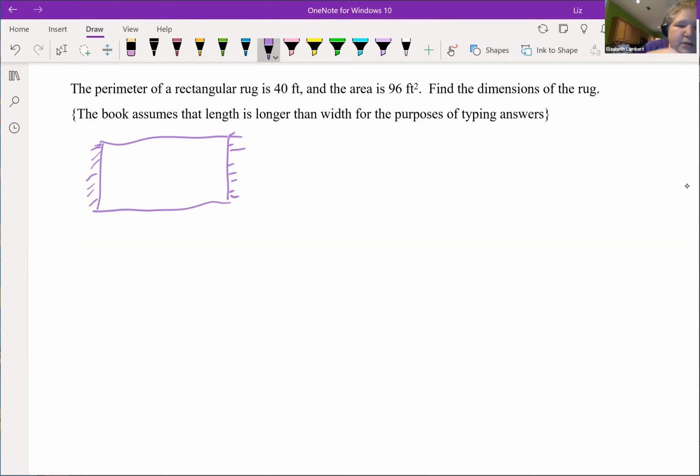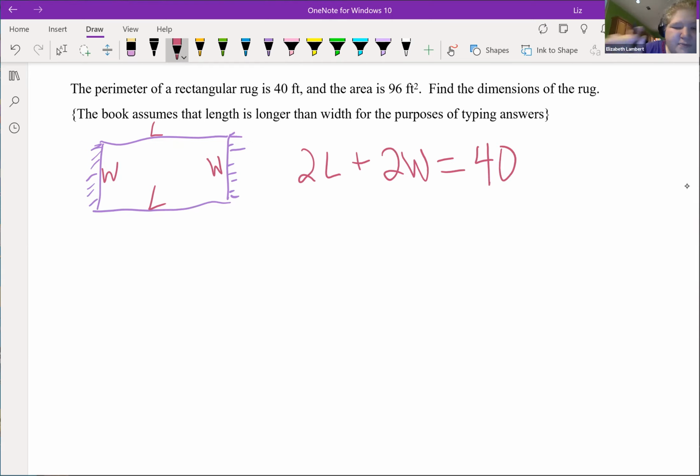So I've got length, got width. Perimeter is add them all up. So 2 L's and 2 W's, they tell us, is equal to 40 feet. Okay, poof, equation.